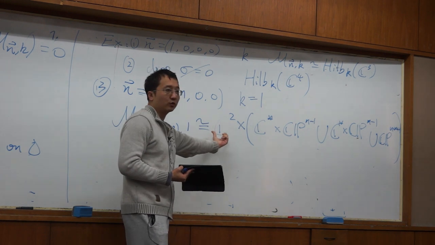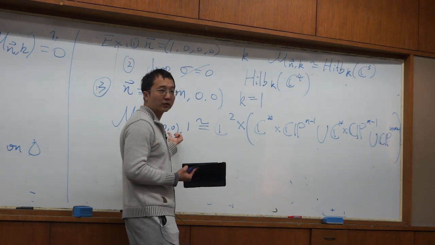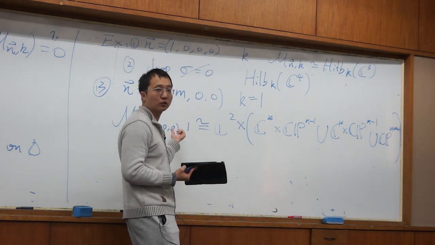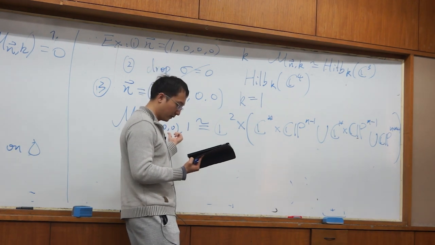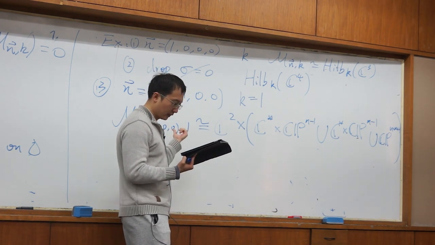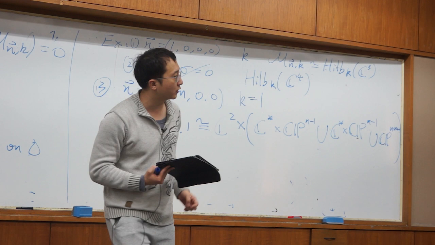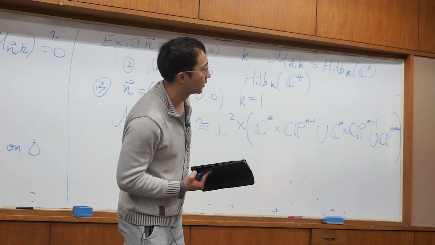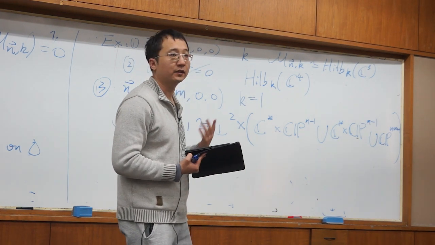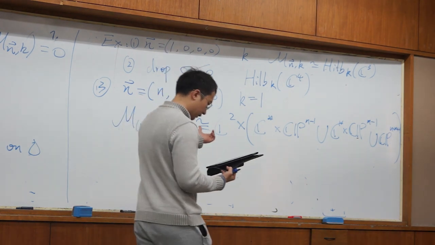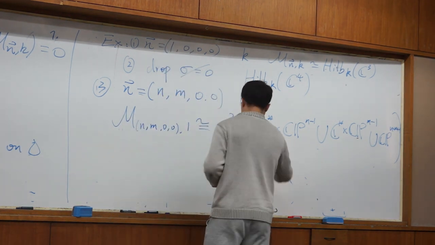So this C^2 comes from when you don't have D6 branes on the last two components, you have a freedom. Basically, from the equation you have some freedom on the B fields. Two B fields can be taken completely free. So this C^2 comes from here, and this component.